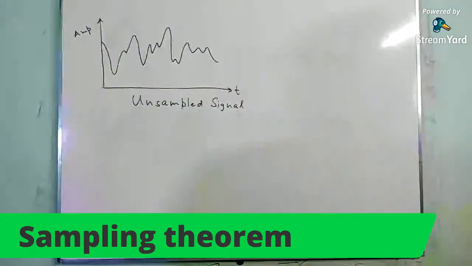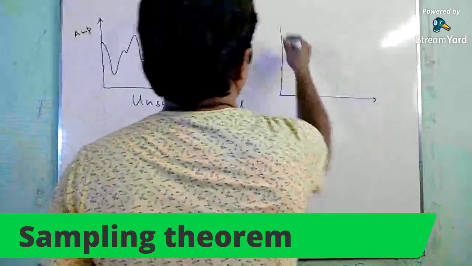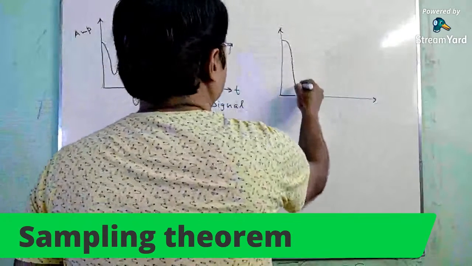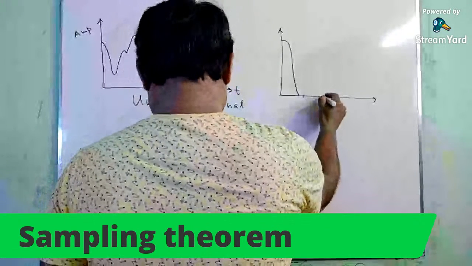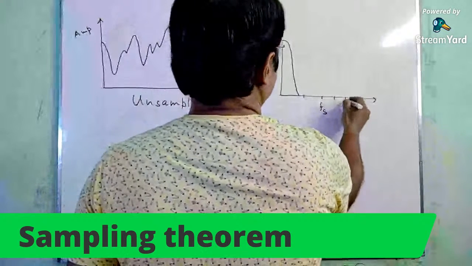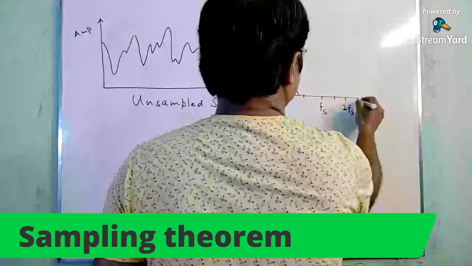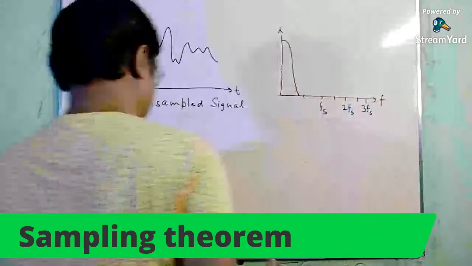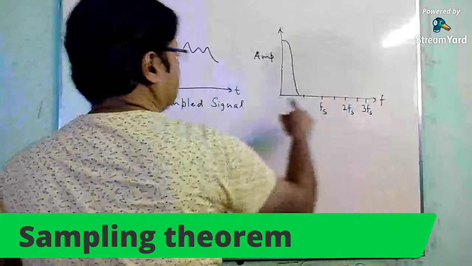Now, let's draw its frequency domain. Now, it is actually its frequency domain, so here the amplitude is plotted against the frequency axis.